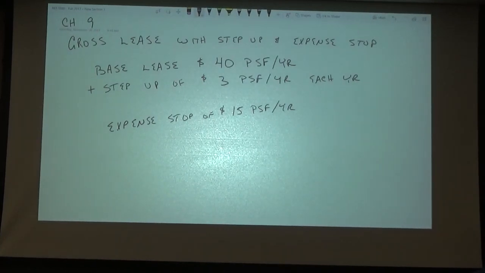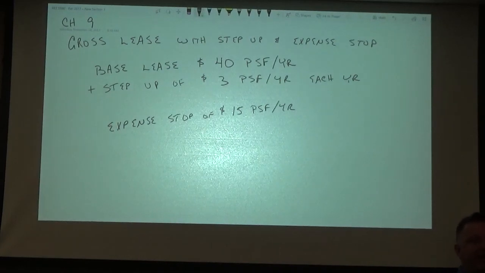What it basically boils down to is this. With a $15 per square foot per year expense stop, that means that the tenant is going to have to pay any expenses above and beyond the $15 per square foot. Okay?